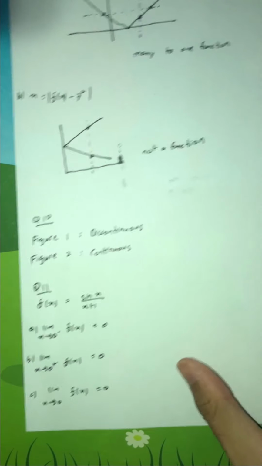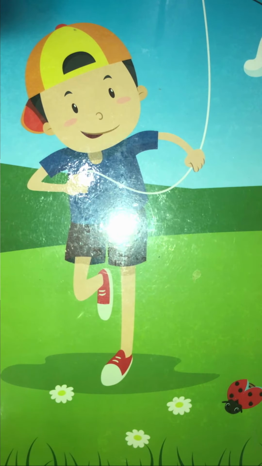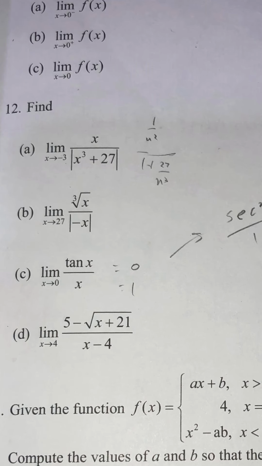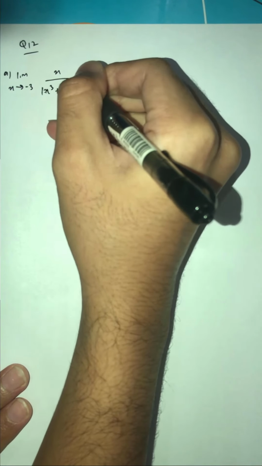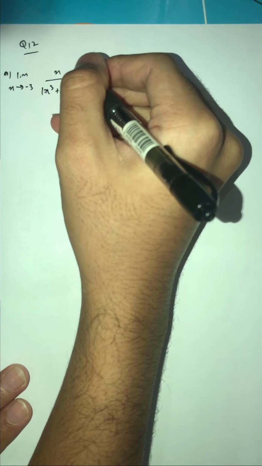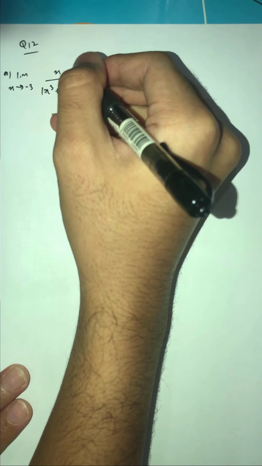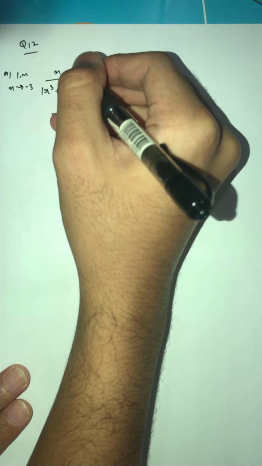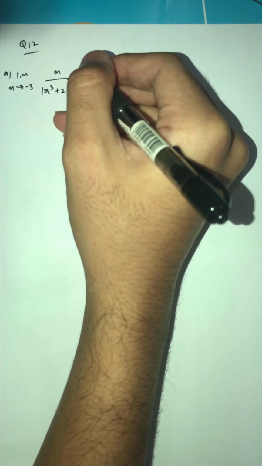Okay. Now let us proceed to question 12. Question 12 asks us to solve the limit. So question 12a is the limit as x approaches negative 3 of x over |x^3 + 27|, right? So for this one, how can you solve this?